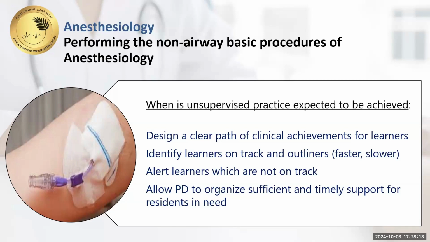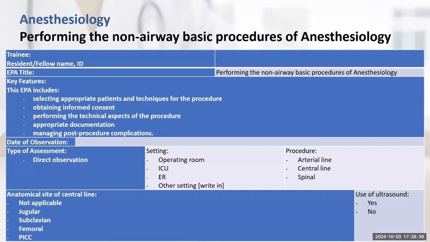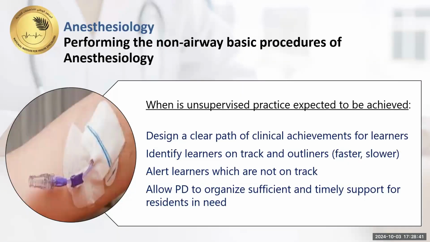Then it's very important to identify the learners who are outliers, either faster or slower, because the PD has to adjust the level of supervision and give the faster ones the opportunity to develop further and help the slower ones to come back into the progress line. And it also alerts the learners themselves that they are not on track. And as I said, it allows the PD to give the right support.